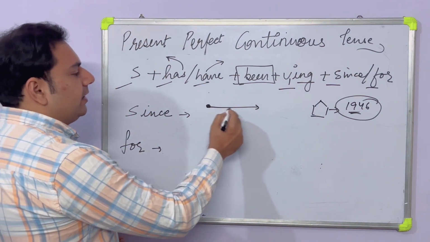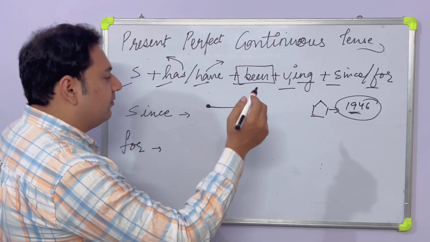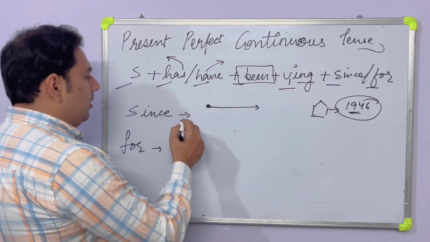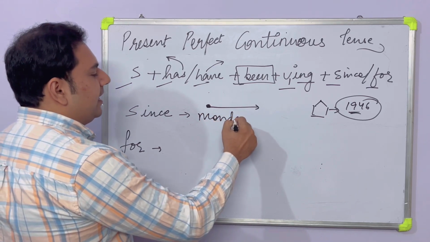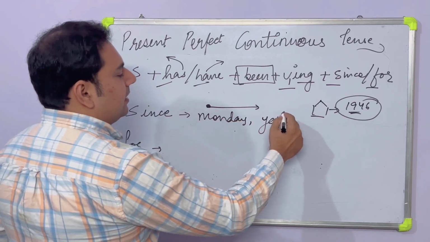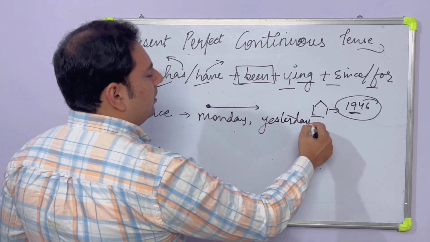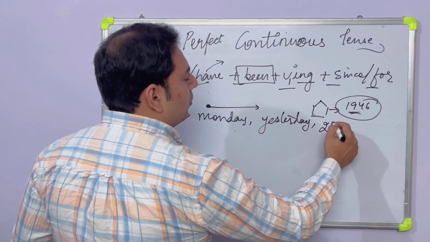From one point it is still running, okay, when we are talking about a point of time. So since Monday, since yesterday, okay, with time as well, since 2 o'clock.